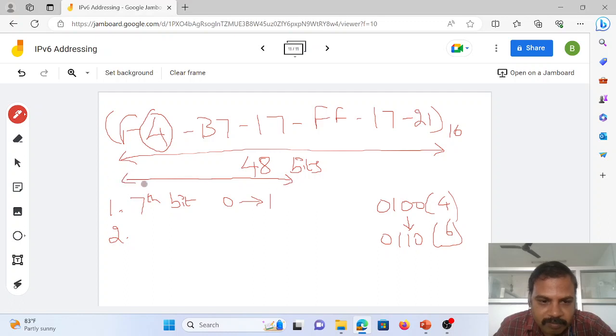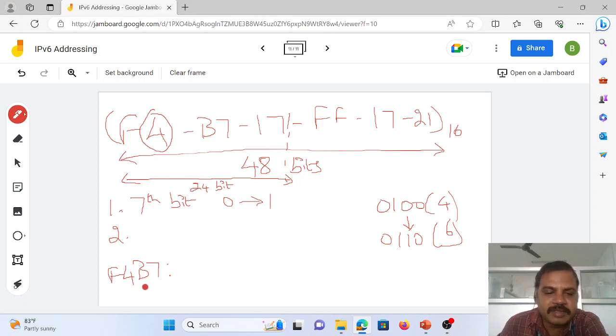Okay. From F4 up to this 17 is 24 bits. So we can take it F4E7, because when you are writing the IPv6 format, a section should contain 4 hexadecimal numbers. But this 4 now becomes 6. This 4 becomes 6.